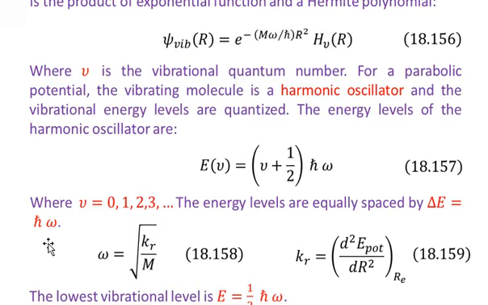Delta E is actually the energy separation between two consecutive vibrational levels, which is constant and equal to h bar times omega.